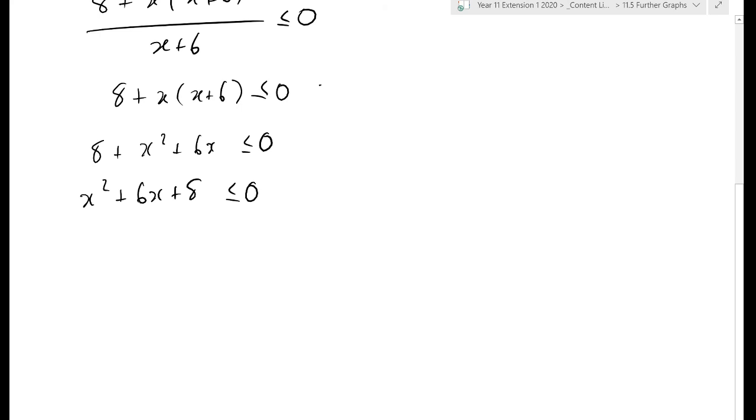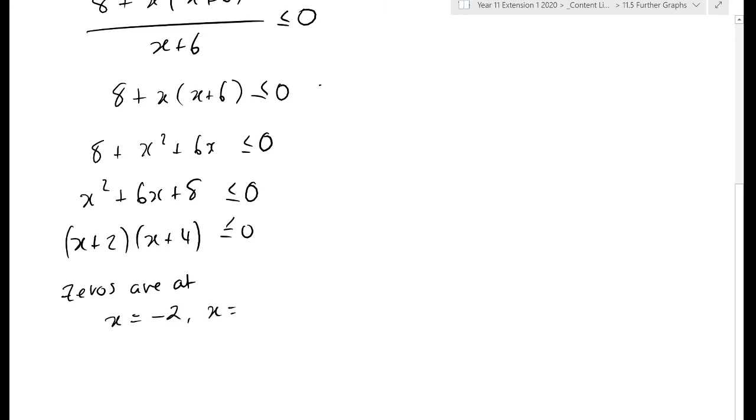Two numbers that multiply to give 8 and add to give 6. Well, that's just 2 and 4. So zeros are at x is equal to negative 2 and x is equal to negative 4.